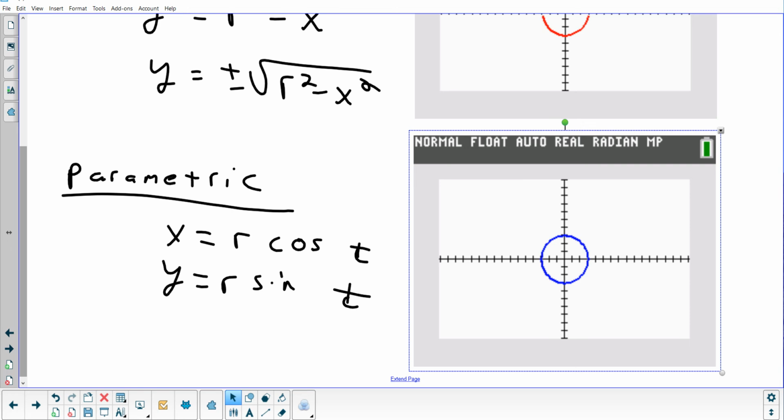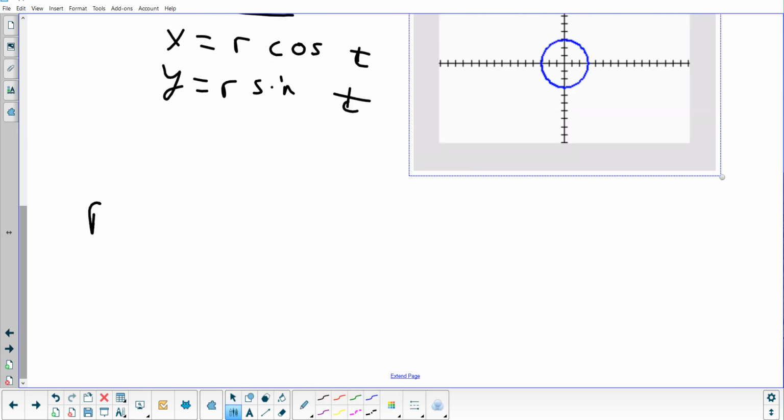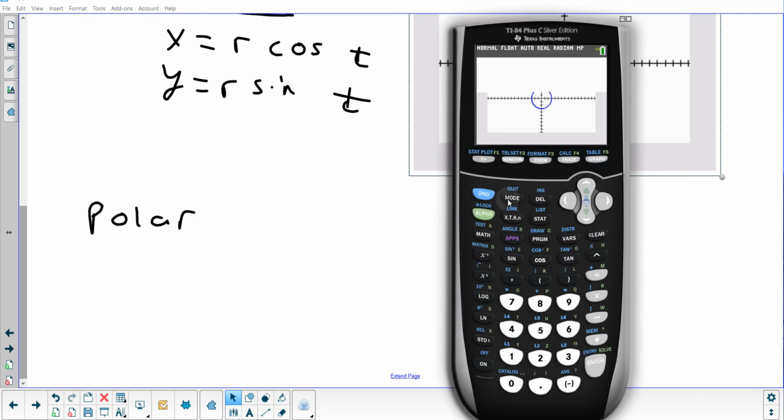Now, let's look at polar. So I'm going to change the mode to polar, and we're going to do a lot more with polar graphing tomorrow, but for today, I'll just show you this one thing. And we're going to graph a circle of radius 3. And that's it.